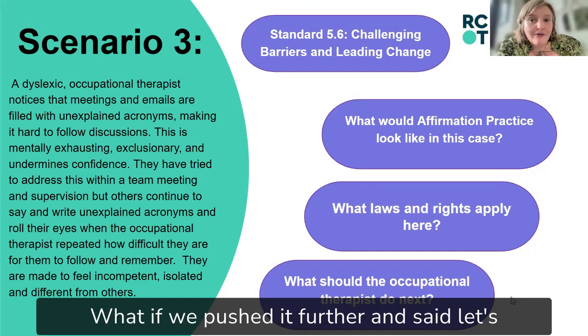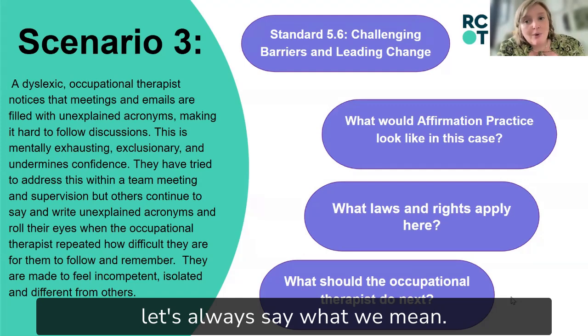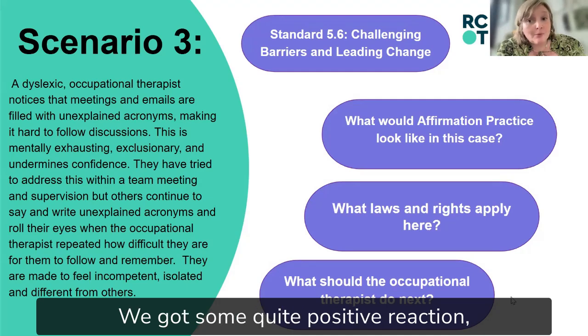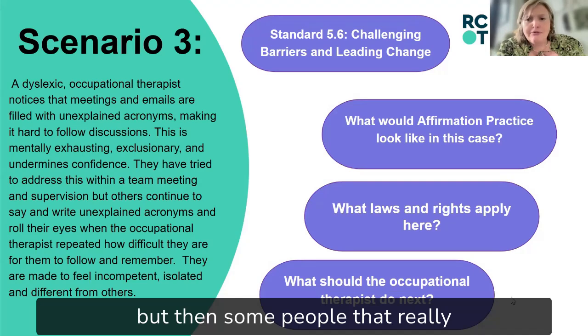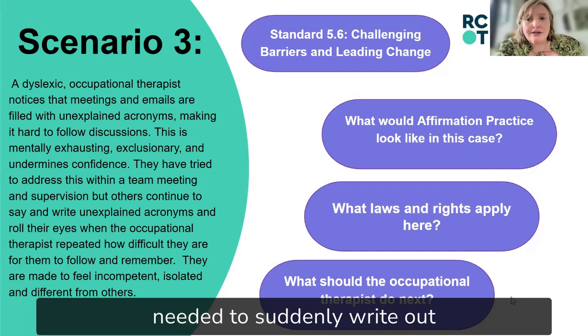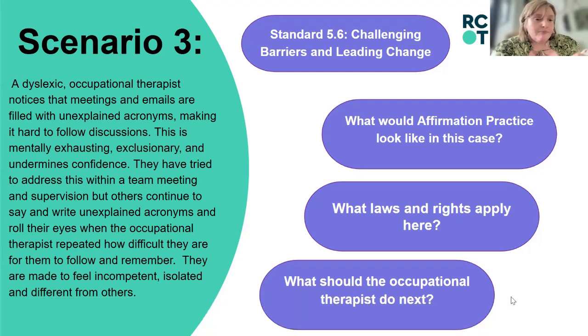What if we pushed it further and said, let's not use acronyms, let's not use shorthand, let's always say what we mean? So we got a bit of a mixed reaction. We got some quite positive reaction, but then some people really struggled with the fact that they suddenly needed to write out everything, particularly in their notes, so that it was easy for everybody to understand.